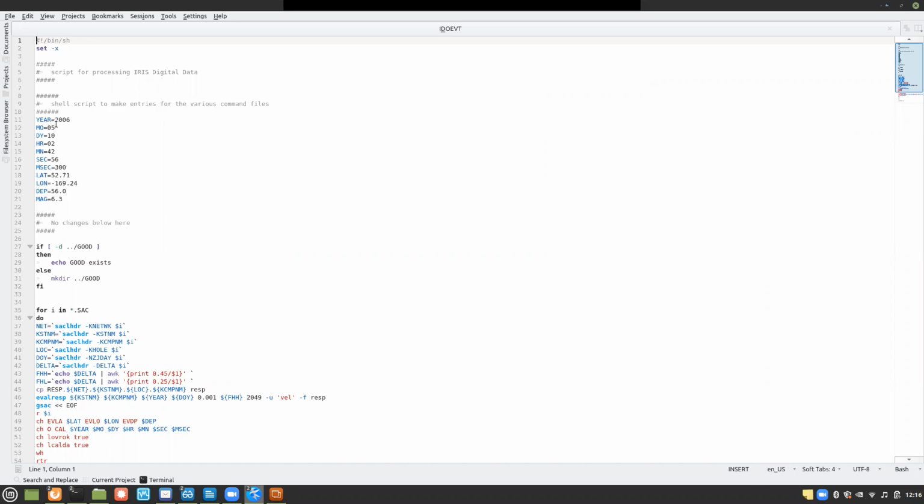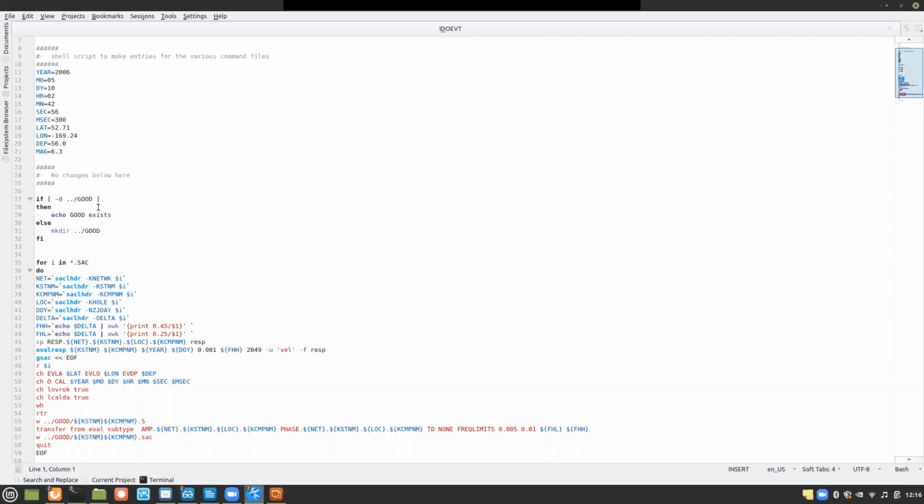Okay, so it's setting some event, your earthquake parameters. There's some metadata actually: the year the event occurred, the day, I think the seconds, the longitude of the event, the depth, the magnitude of the event. Then it makes some directory, good.